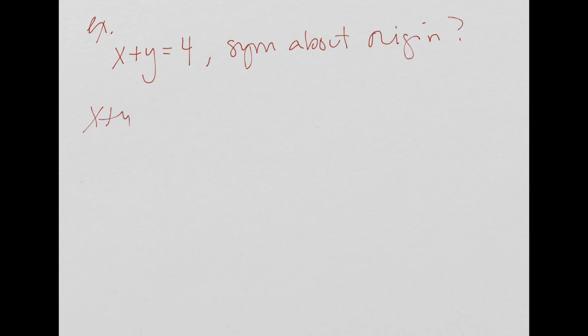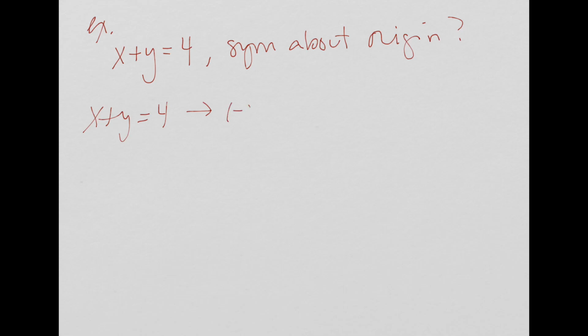So for example, let's look at x plus y equals 4. Is this symmetric about the origin? So I'm going to write my original one down. For the origin, I'm going to replace both.